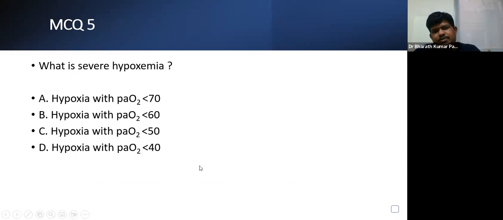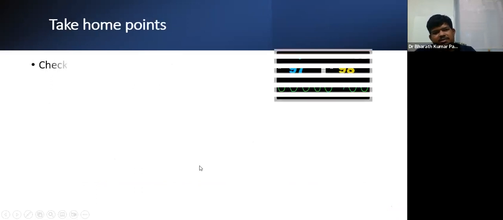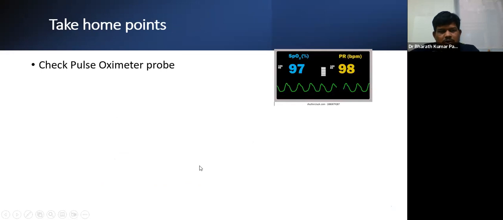Okay, so here ends the MCQ session, and the take-home points from my lecture would be: always check the pulse oximeter probe and the pulse oximeter waveform, that is the plethysmograph, in the monitor. The saturation, that is the SpO2 reading in the monitor, is taken as valid only if the waveform is regular.